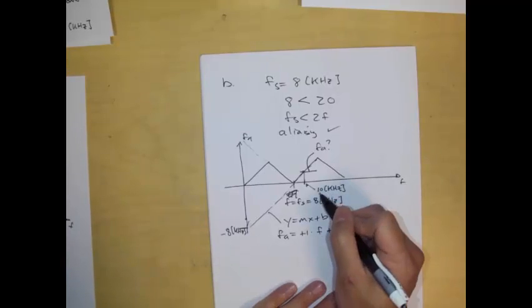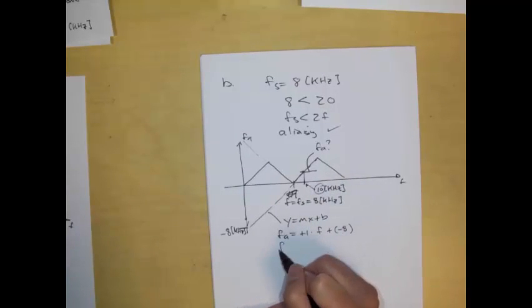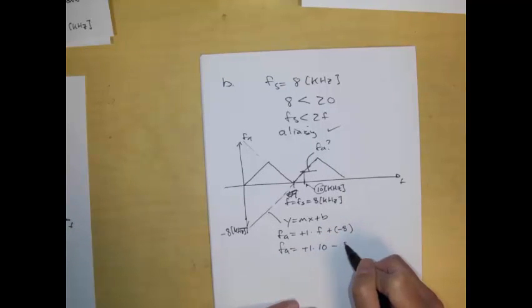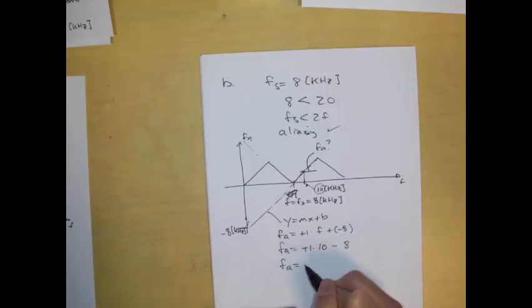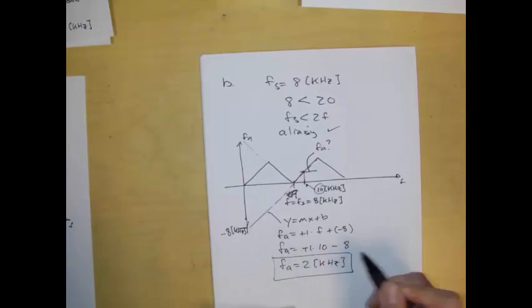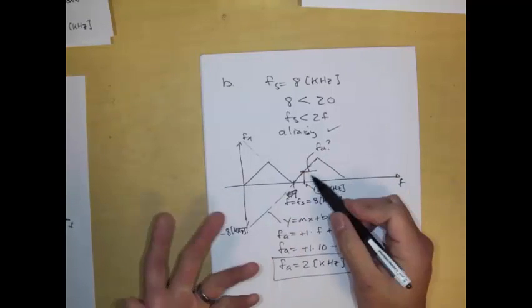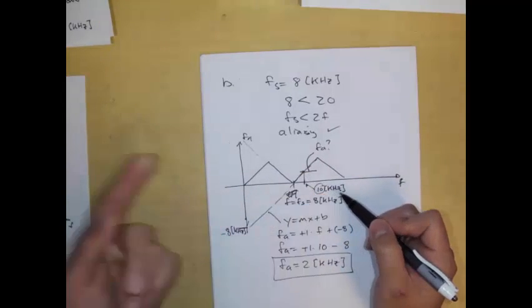And so now we can plug in our value in here. FA equals positive 1 times 10 minus 8, so FA is equal to 2 kilohertz. Again, it's not the same as F, right? Had it been the same as F, we would see just 10 kilohertz.